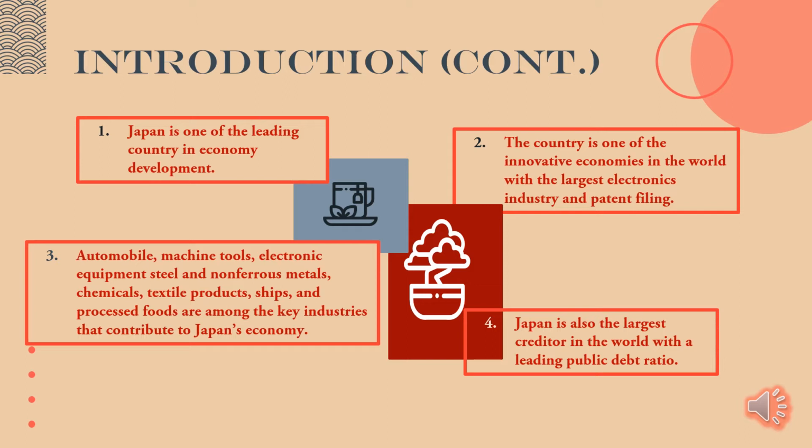Japan is also known as the largest creditor in the world, with a leading public debt ratio. The country owns 13.7% of the world's private financial assets, estimated at $13.5 trillion, and has 54 Fortune 500 companies. However, the Japanese economy faces stiff competition from China and South Korea.